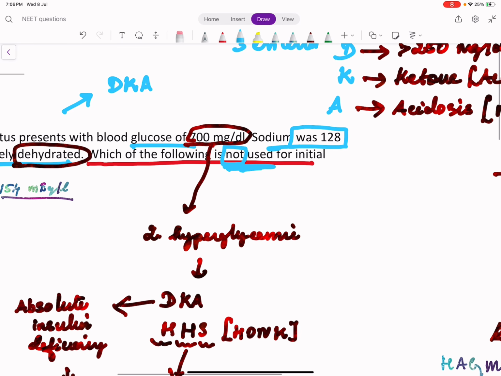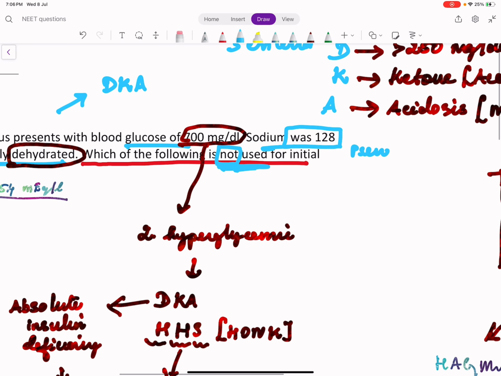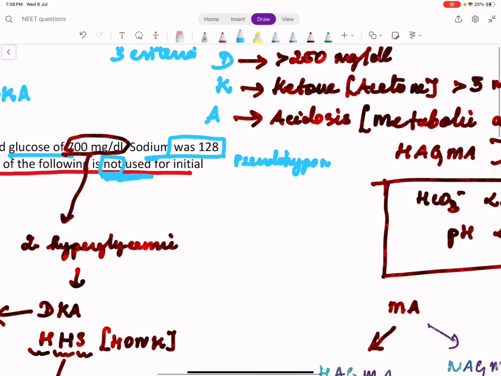Also, we have something called pseudo hyponatremia. Before labeling someone as hyponatremic, we have to rule out pseudo hyponatremia. When sugar is high, it dilutes the blood, so sodium will be falsely low. Similarly, before diagnosing hyperkalemia, we have to rule out pseudo hyperkalemia, because when a lab sample is kept for a longer time, it lyses and all the potassium within the cell comes out.